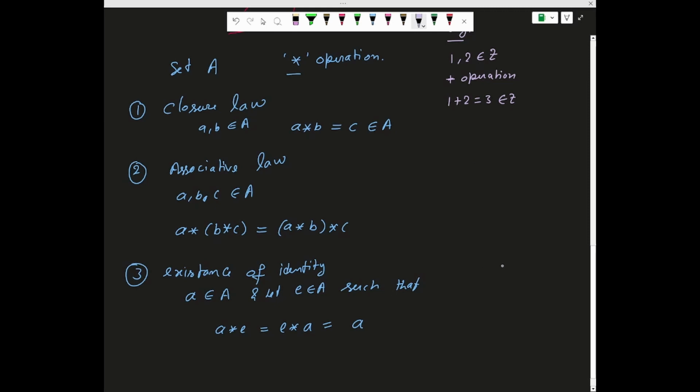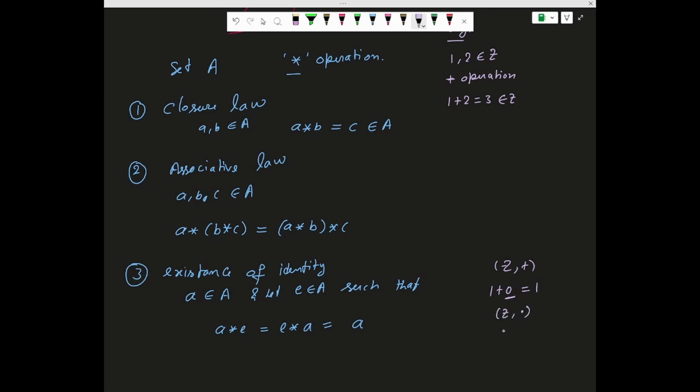Now let's look here. Suppose we are talking about Z and this plus. If I'm taking 1 plus 0, I'll get 1. It means this is the additive identity here. Now if we change the operation to dot, then 2 dot 1 is going to return 2.